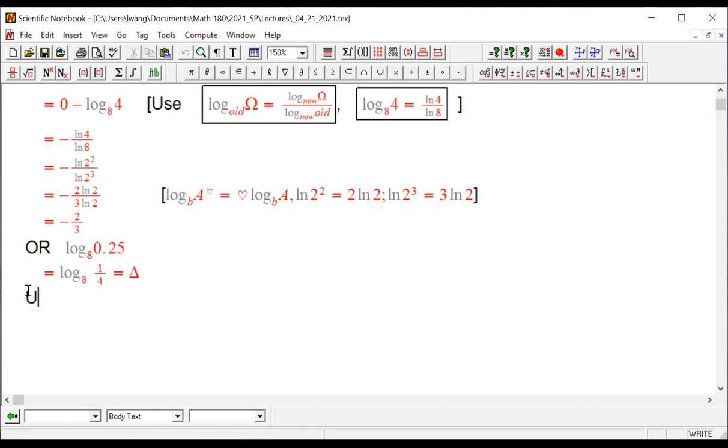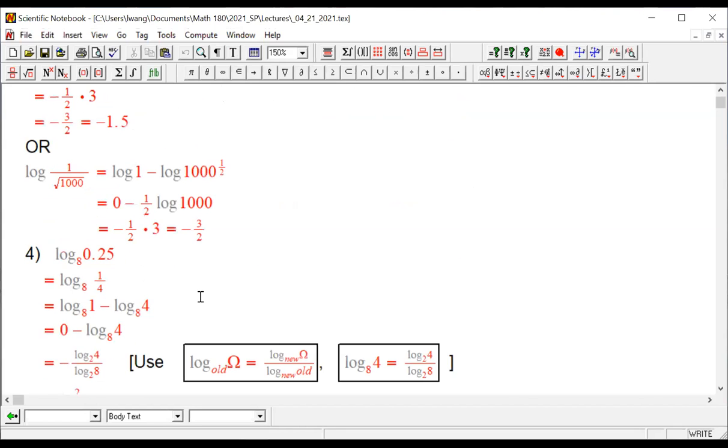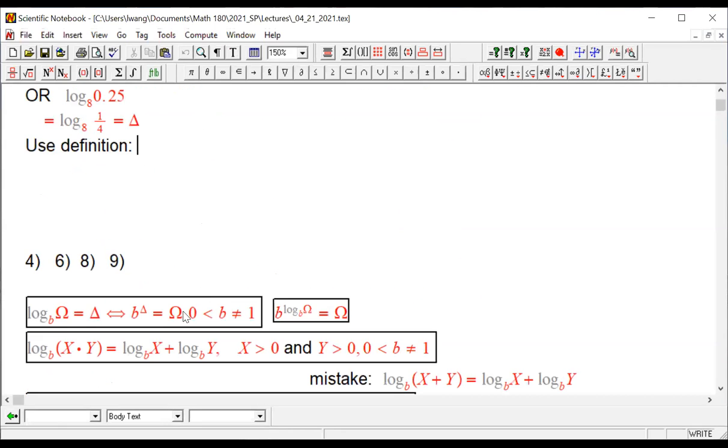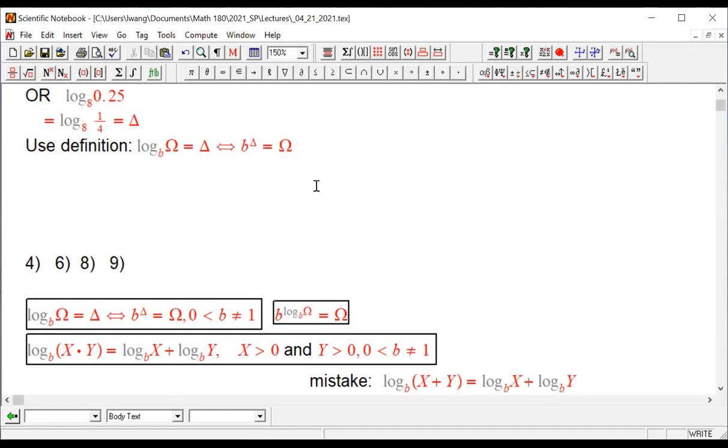So I'm going to use the definition. What does the definition say? Allow me to copy the definition so we can go a little faster. We're working under time constraint. We have 3 minutes left.